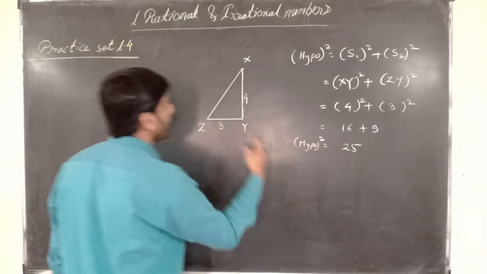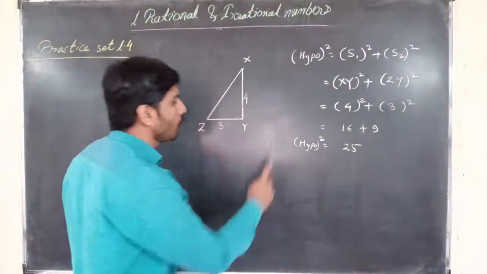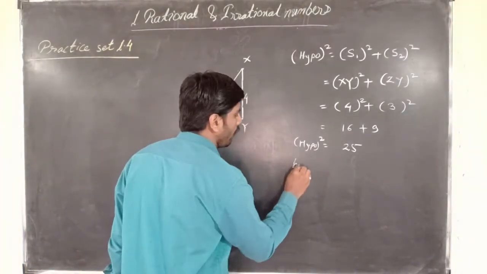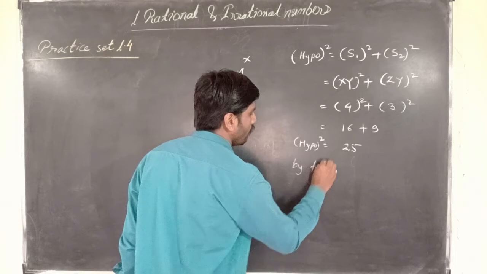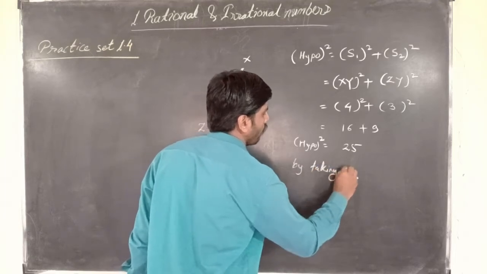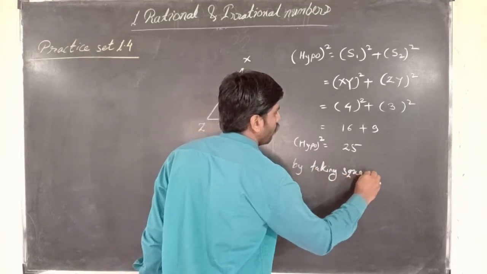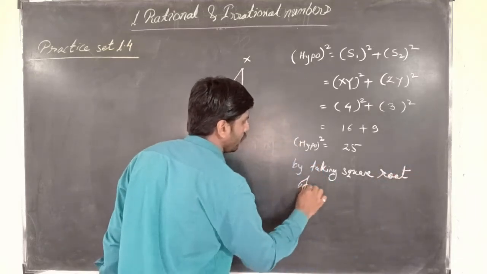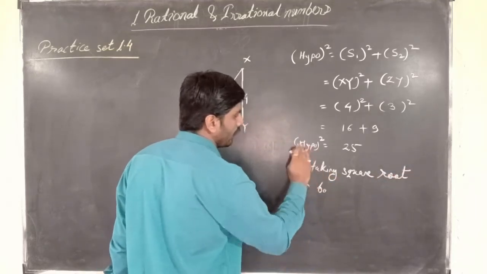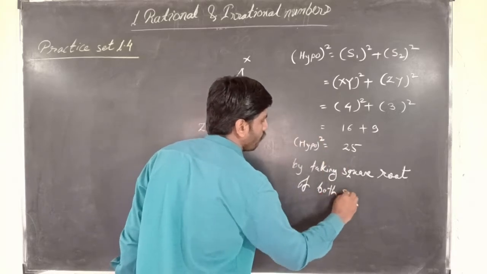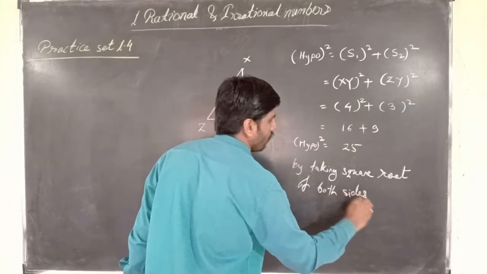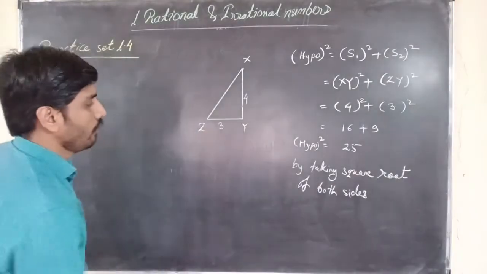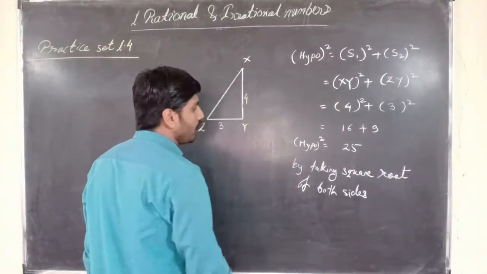We need hypotenuse, length of hypotenuse. So we will take square root of both sides, that is left and right, and we will get length of hypotenuse.